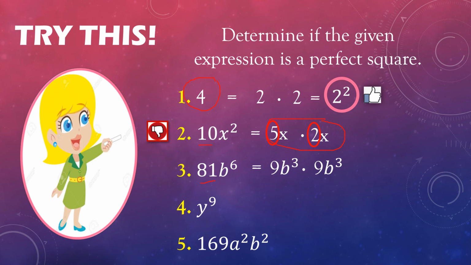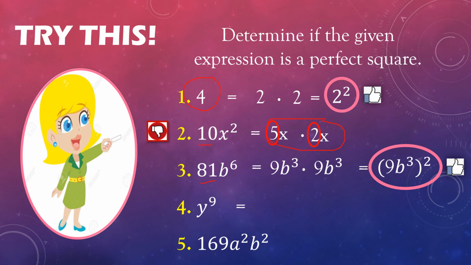So we can rewrite this expression in the form of quantity 9b cubed raised to 2. Then we can say in the item number 3, this is a perfect square.